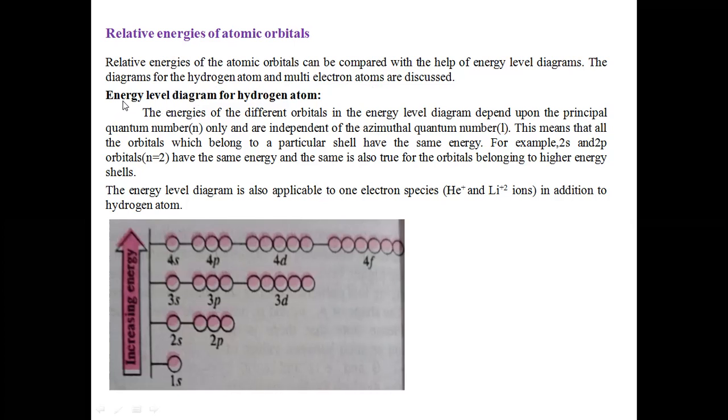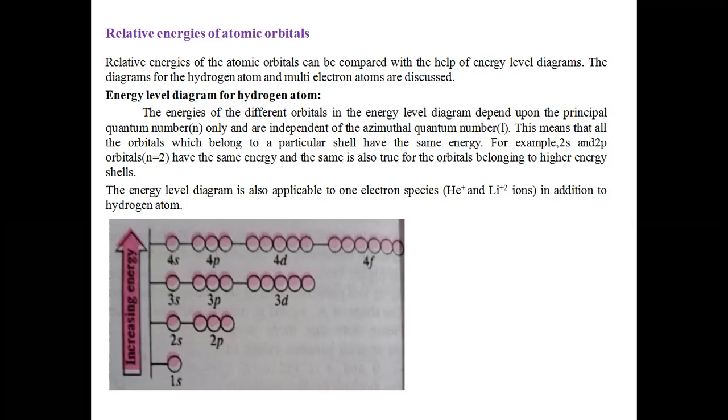First one is the energy level diagram for the hydrogen atom. The energies of the different orbitals in the energy level diagram depend upon the principal quantum number n only and are independent of the azimuthal quantum number l.